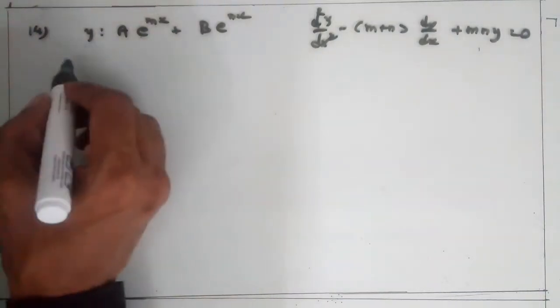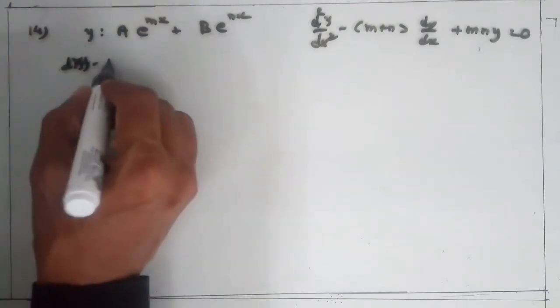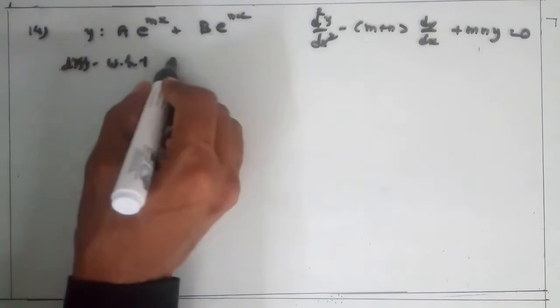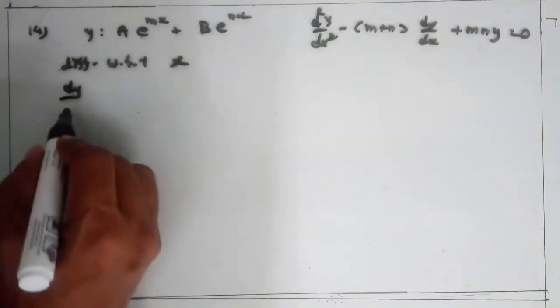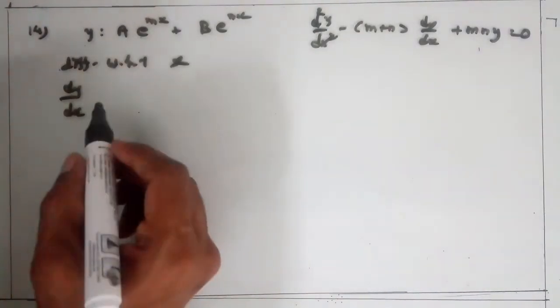First we get the first derivative of these terms with respect to x. So differentiate with respect to x to get dy/dx. Here all terms are given in the dy/dx and d²y/dx² form.